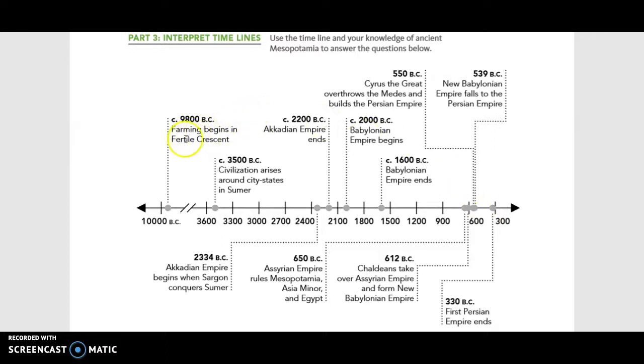So we have farming beginning in the Fertile Crescent in 9800 BCE. 3500 BCE, civilization arises around city-states in Sumer. 2334 BCE, Akkadian Empire begins when Sargon conquers Sumer. Don't think I don't know that you're singing that song right now. And then 2200 BCE, Akkadian Empire ends.